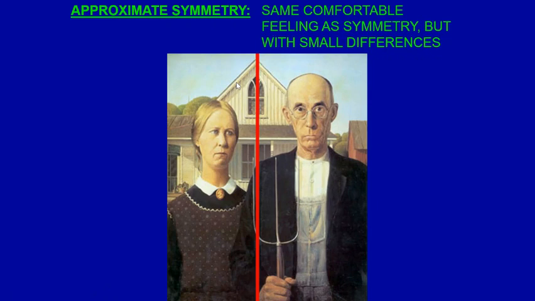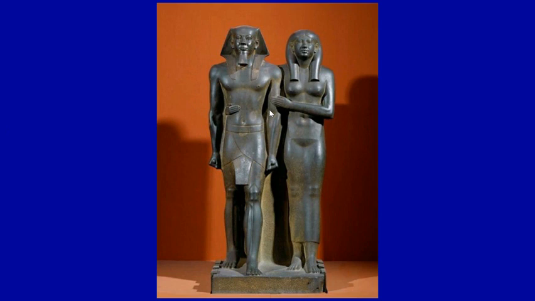And the red house on the right is not balanced exactly on the left, so we call that an approximate balance. Here we have approximate balance that is mostly equal on both sides with some slight differences.